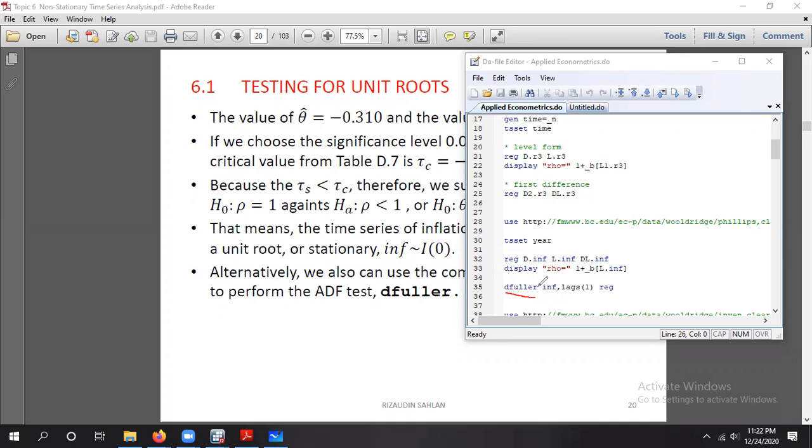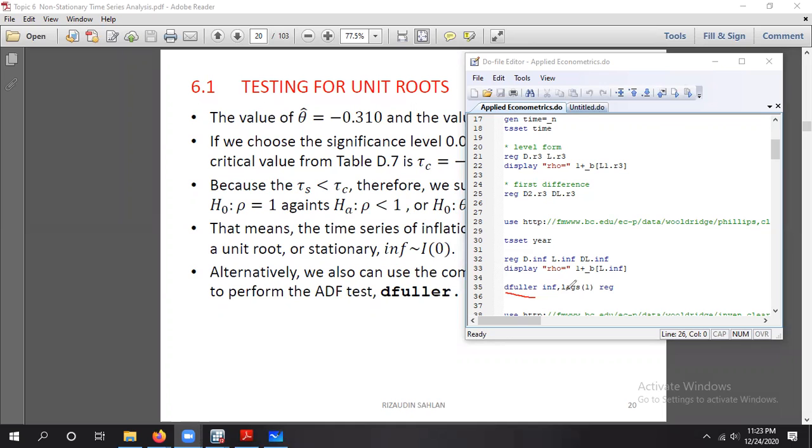After dfuller, we put the series we want to test. In this case we want to test INF, so type dfuller INF.